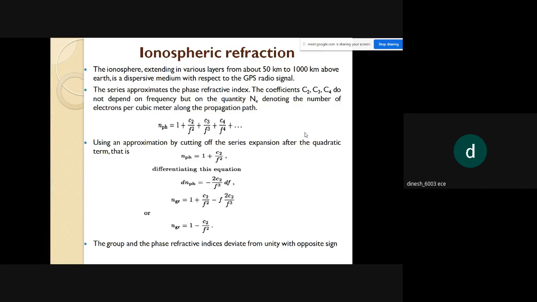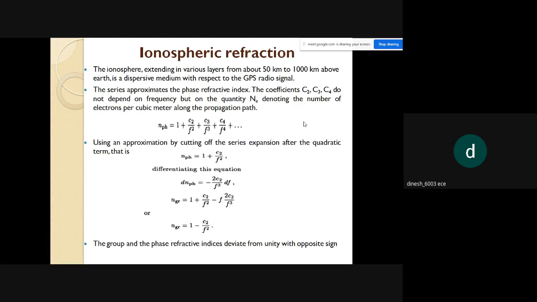So the ions which are present in the atmosphere tend to reflect or absorb the signals, affecting quality. So that refraction is to be considered.